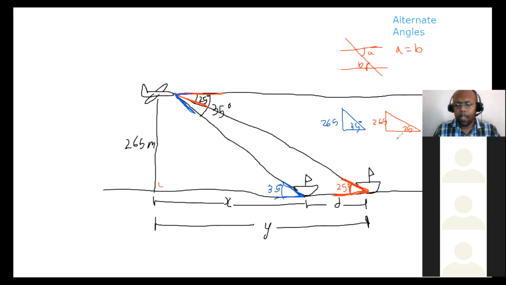And what do they want? Well, for both of these, our goal is to find this thing here. But to get there, we need to find x, right? So let me show you what we need to find. We're looking for x here, and we're looking for y here.